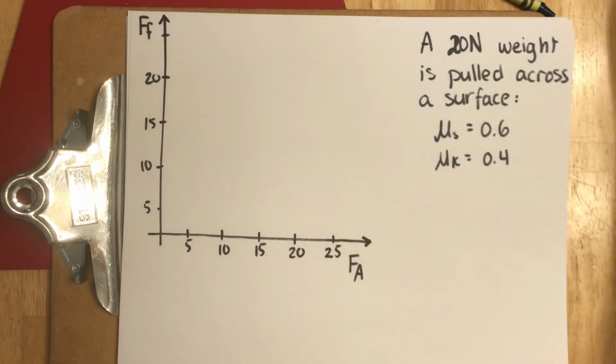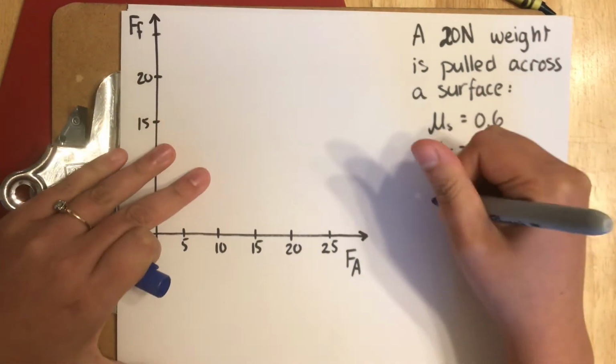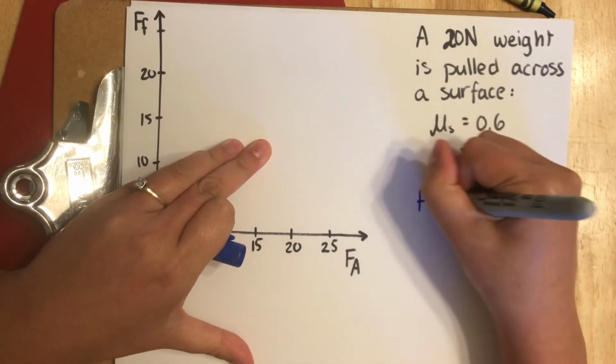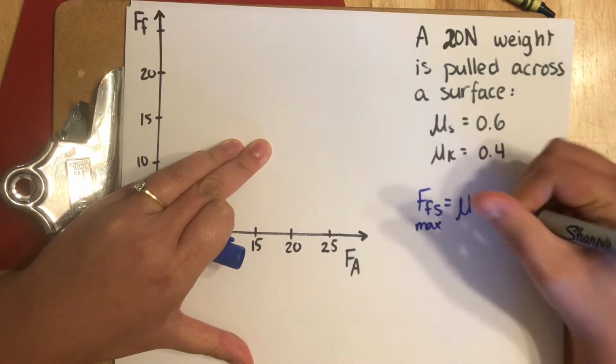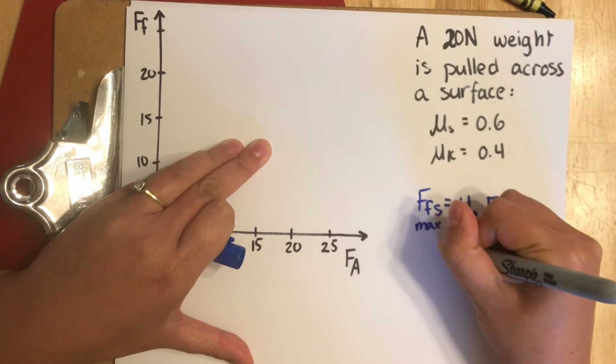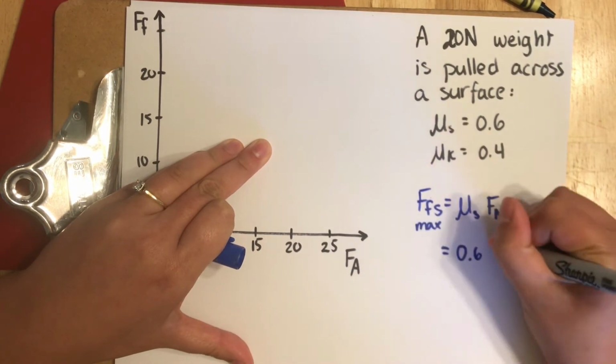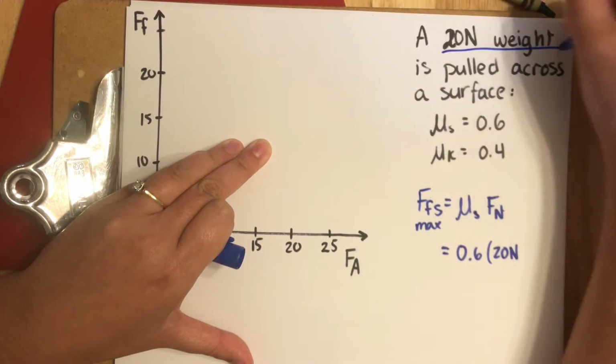You will be expected to make this friction graph on your own though, so let's show you how to do that. Let's say we're in a lab and we are pulling a 20 newton weight across the surface. Notice that the weight is equal to the normal force that I need in order to solve this static friction equation. By solving the static one, I can figure out where the threshold of motion is.